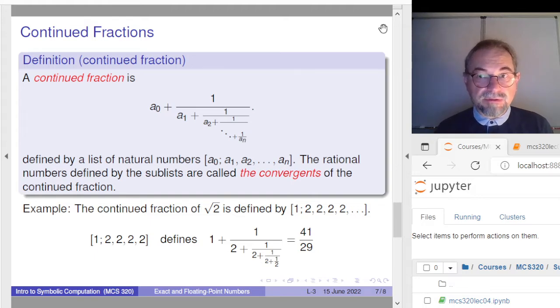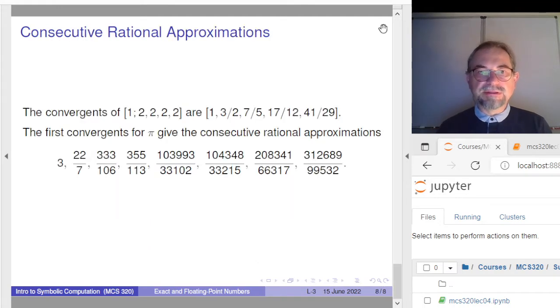What does this give us? In case of the square root of 2, if we want the next best rational approximation, we just continue one step in this continued fraction. This is demonstrated here. We have the convergents for the first 5 rational approximations.